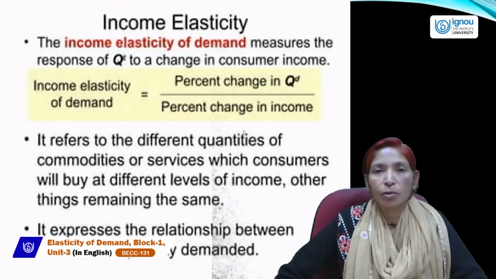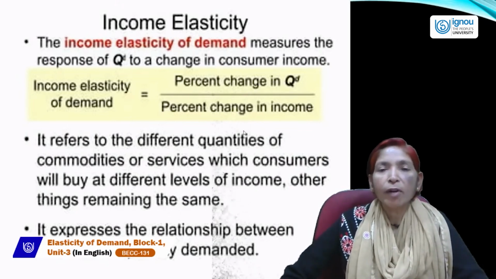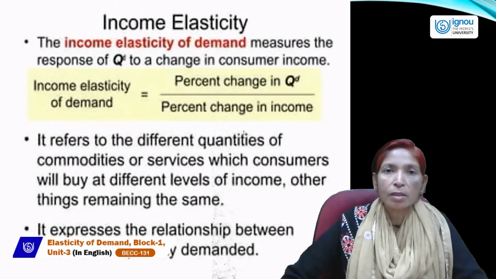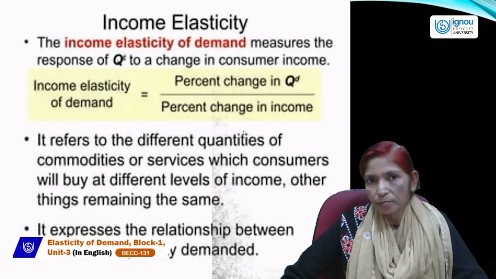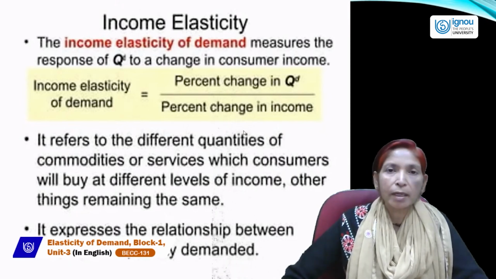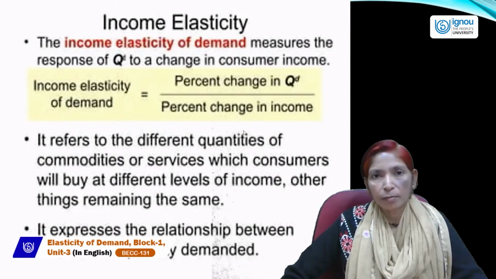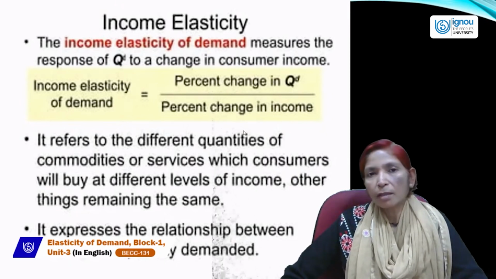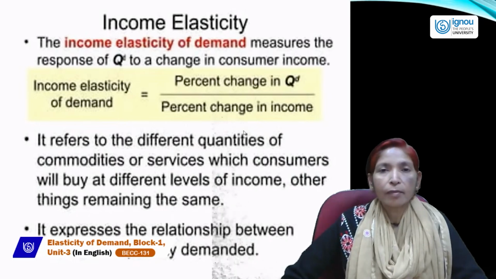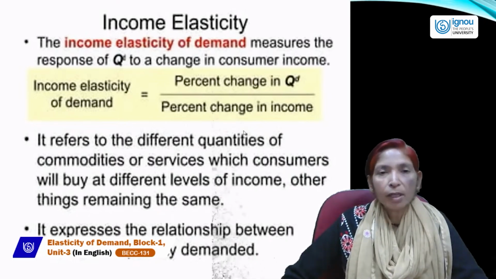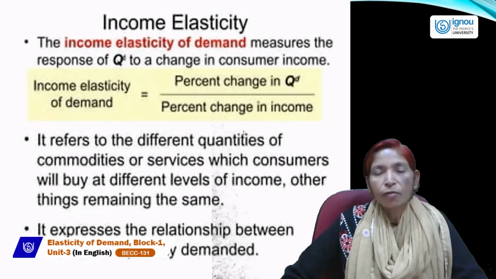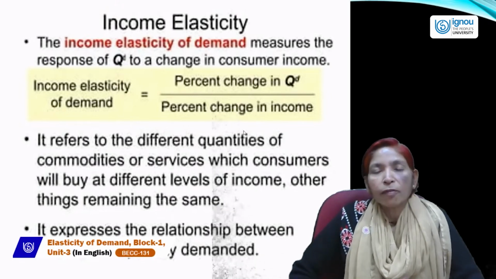One is normal goods. Normal goods or comfortable goods are those goods which are highly demanded at a higher level of income and lower demanded at a lower level of income. Normal goods demand is directly related with the level of income of the consumer. Inferior goods are those goods which are called inferior.